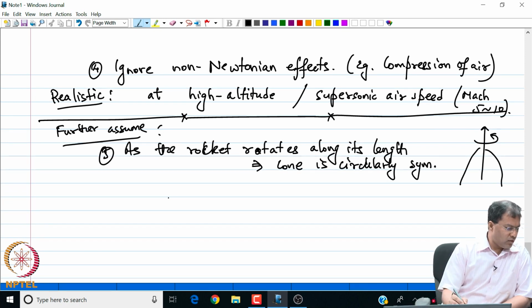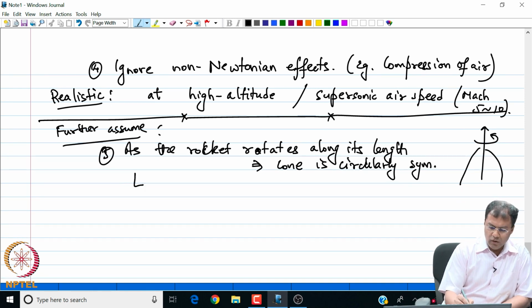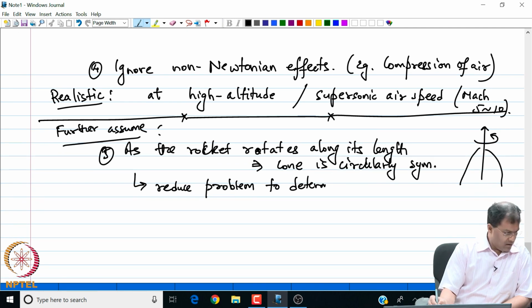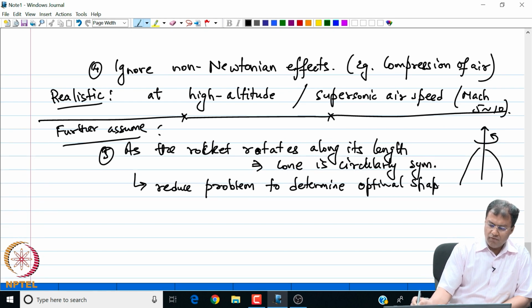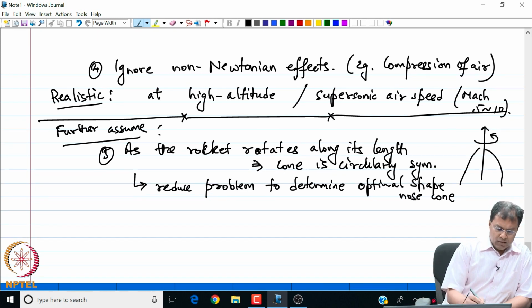We reduce the problem to determine the optimal profile of the nose cone. The rest of the body we do not care about, because that will be more or less a cylinder.